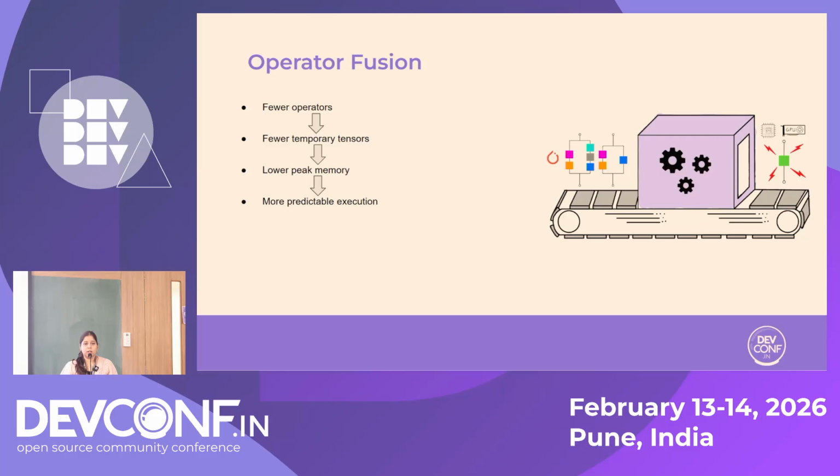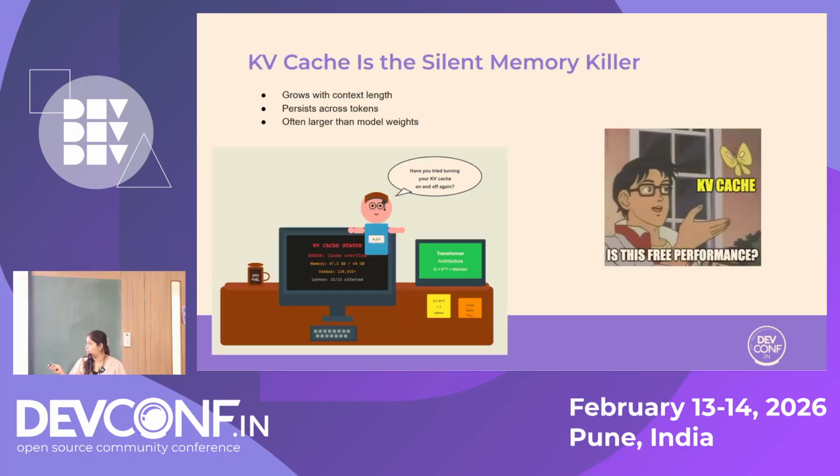If you take 2 plus 3, you add it, you store the result, and after that you add 4, and again store the result. But instead, operator fusion does 2 plus 3 plus 4 without storing any temporary results, and that reduces the memory usage.